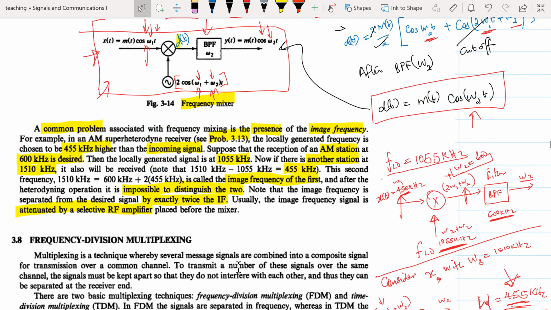And that is the concept of the image frequency. We should aim at avoiding the appearance of the image frequency altogether, because we cannot remove the image frequency by attenuating it using a selective RF amplifier just before the mixing happens.